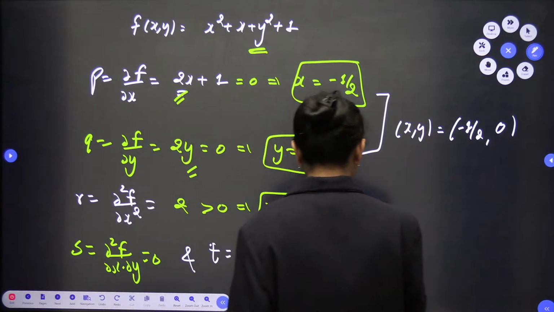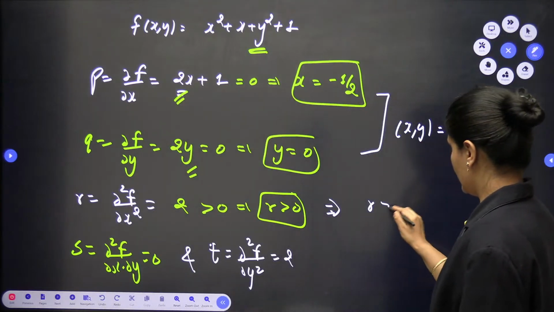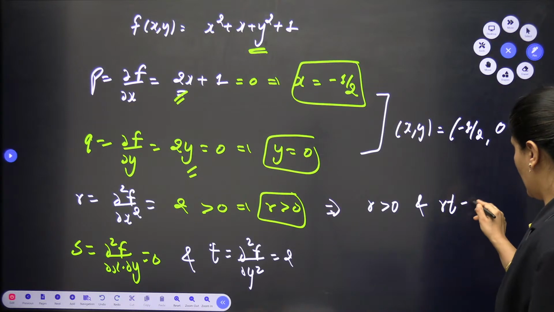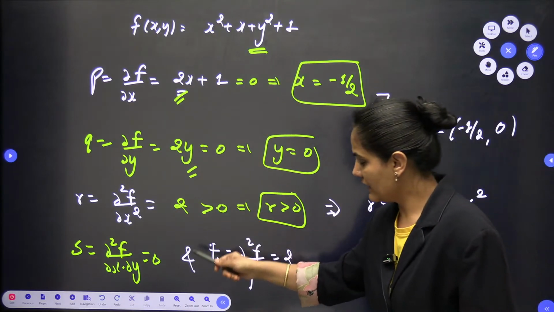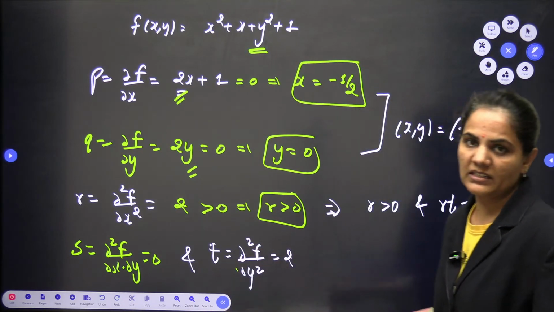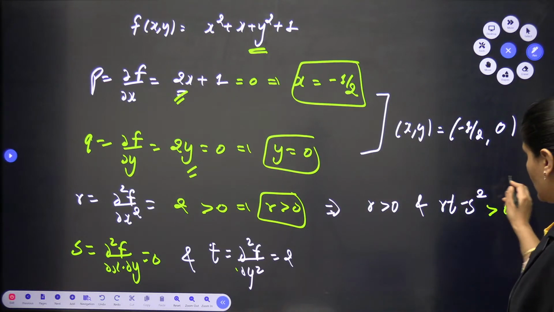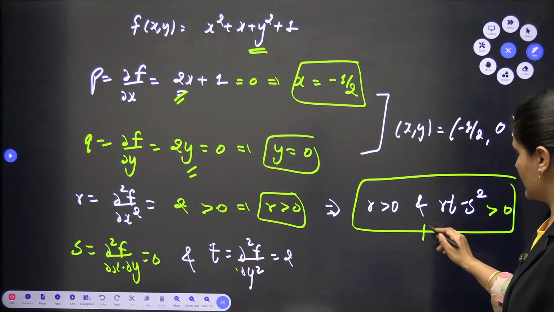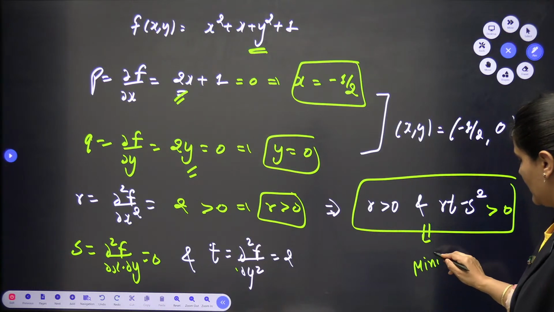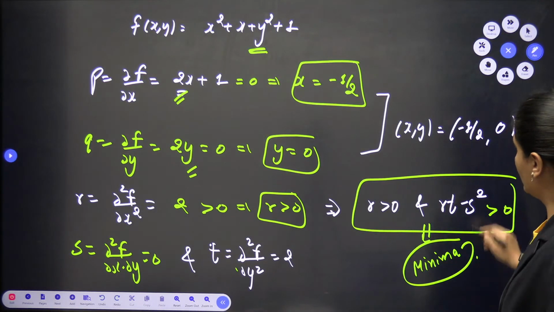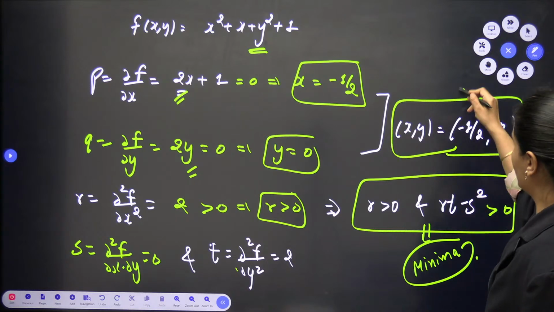So r is greater than 0, and rt minus s square is 2 into 2, 4 minus 0, again positive. Hence this is a condition of minima. So we have minima at the given point (minus 1 by 2, 0).